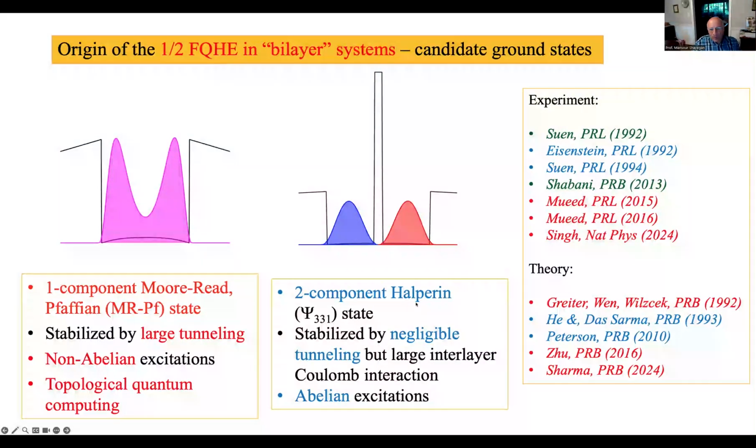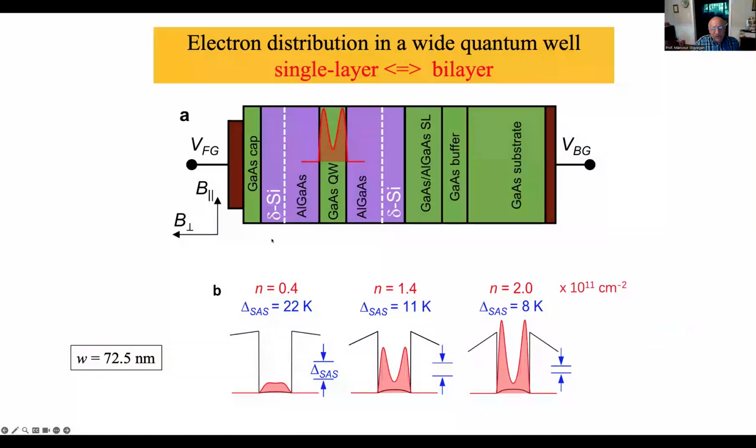Competitive is this two-component Halperin-Laughlin state, which essentially is like two layers in parallel with some interlayer interaction. So the tunneling is zero. In fact, in this case you would like negligible tunneling. Here you want larger tunneling. But it was never clear which one is dominant.